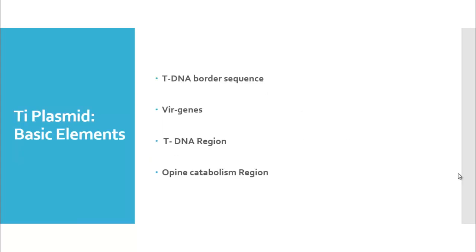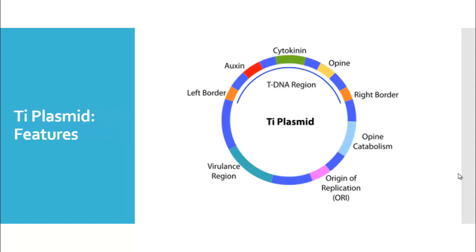These are the basic elements of the Ti plasmid. It has a T-DNA border sequence, a virulence region, a T-DNA region, and an opine catabolism region. You can see here the T-DNA region is flanked by the border sequences, left border and right border, and there comes the T-DNA region. Those genes are responsible for producing growth hormones as well as opine.